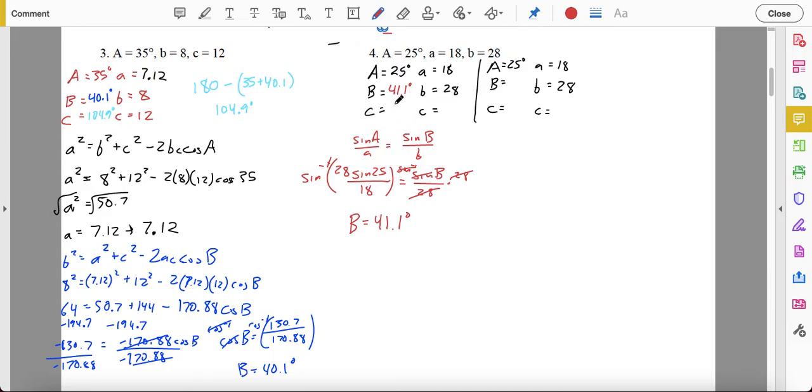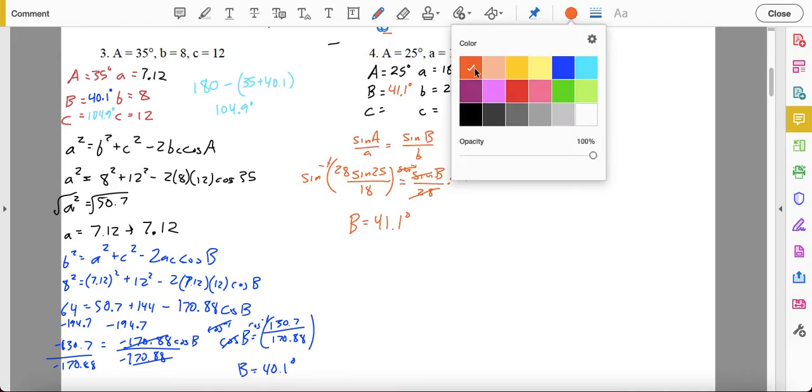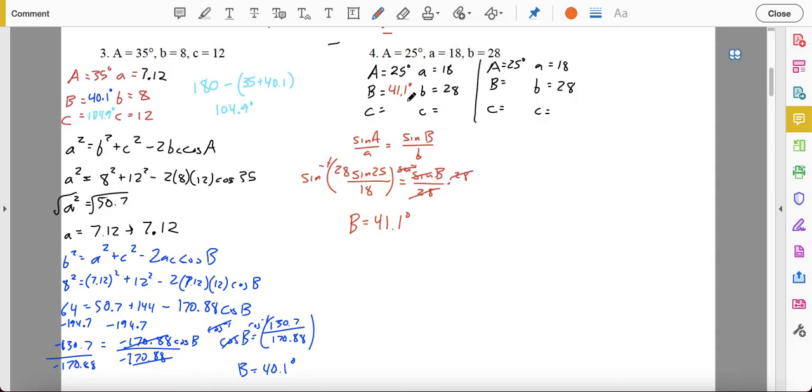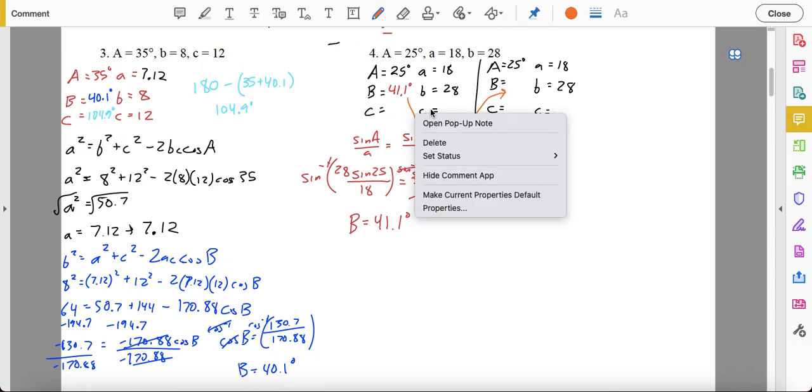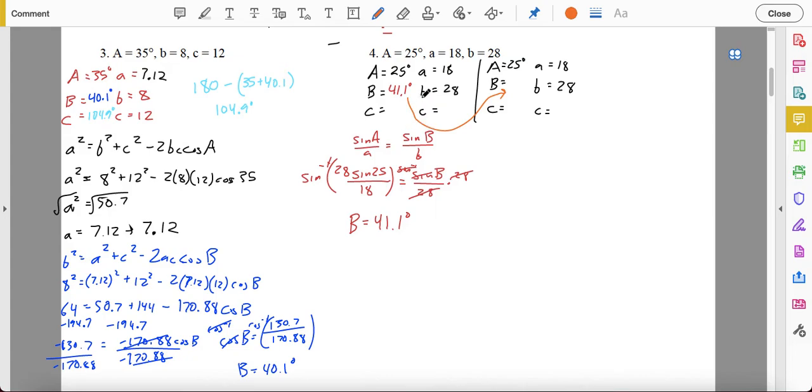Now, here's the somewhat tricky part. As soon as we find that first angle, the very next thing that we do is we transfer that answer to our second triangle in angle B, but instead of putting exactly the same thing, we're going to put 180 minus what we just got.